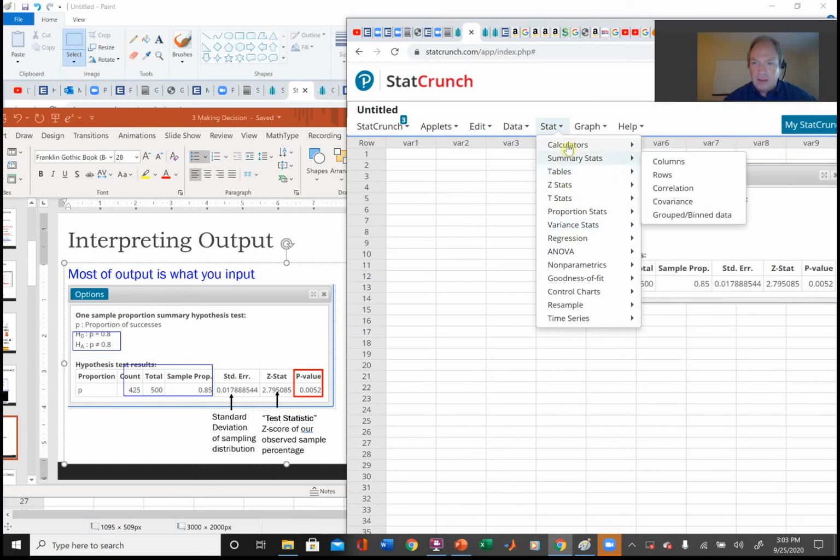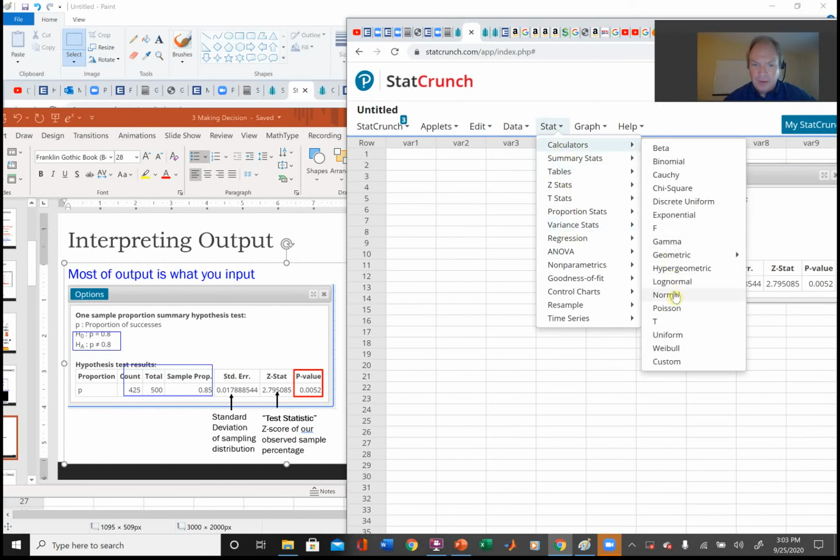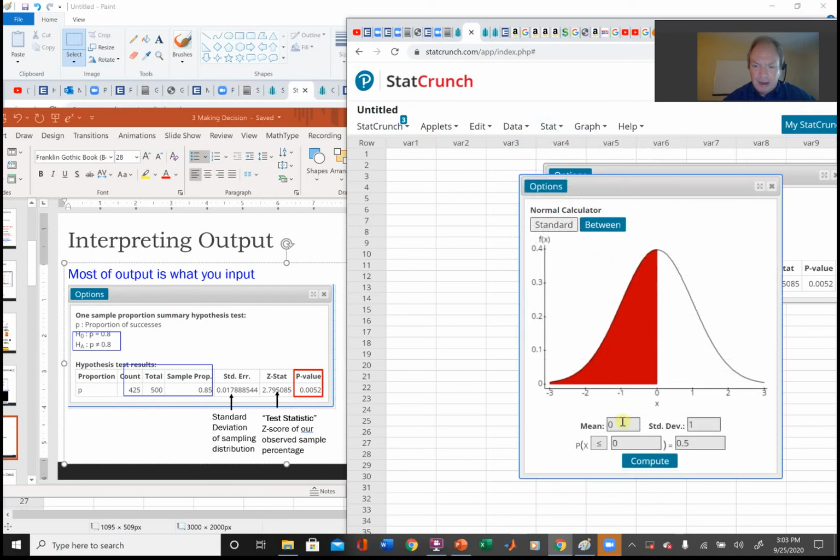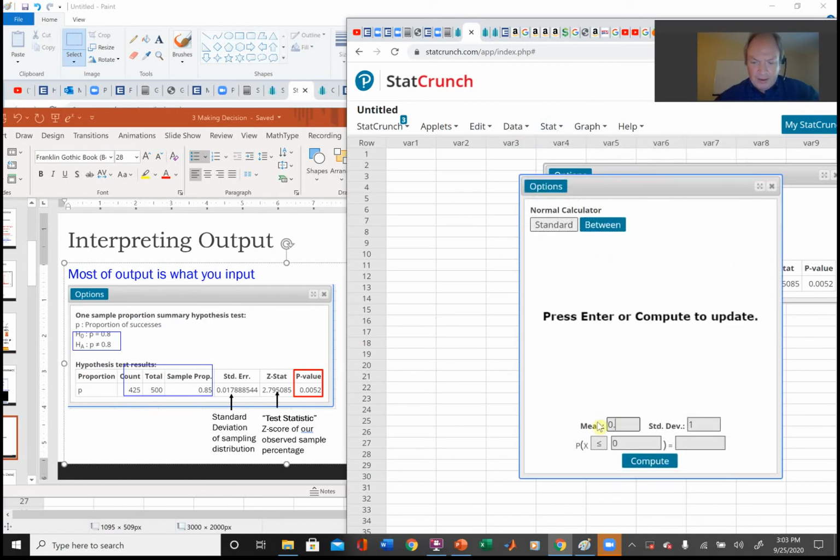Stat, calculator, normal. And I'm going to enter the mean, which is 0.8. Okay. I'm going to enter the standard deviation, which is 0.01788885.